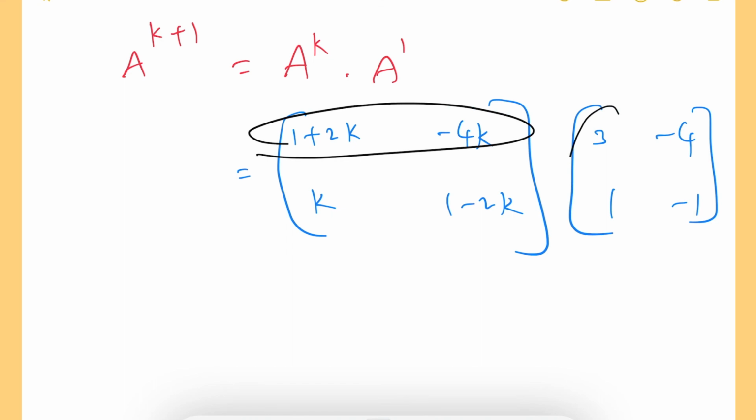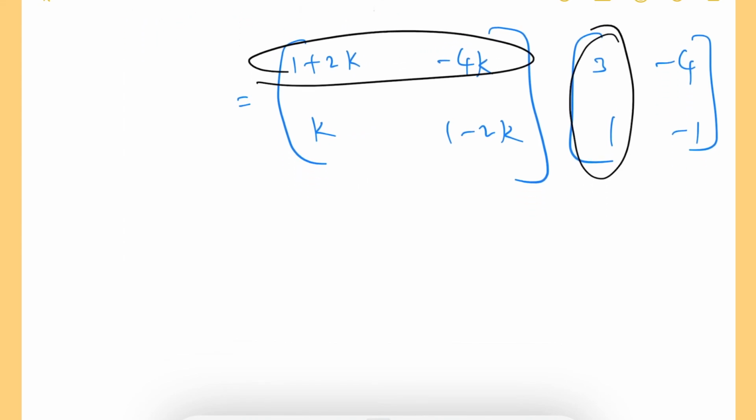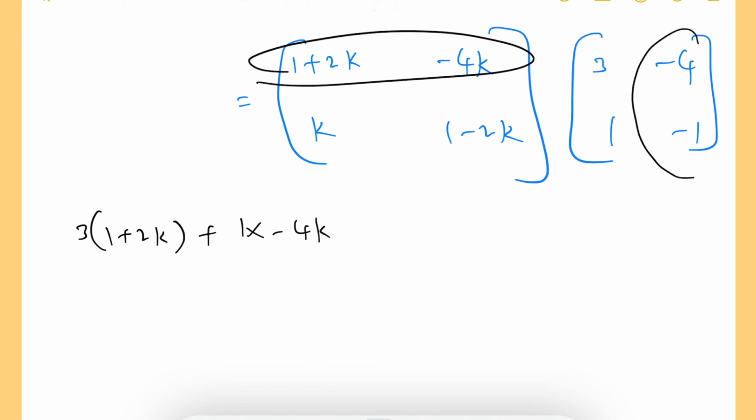First row we need to multiply with first column: 1 plus 2k into 3, that is 3 into 1 plus 2k, plus minus 4k into 1, that is minus 4k. Now first row with the second column: 1 plus 2k into minus 4, that is minus 4 into 1 plus 2k, minus 4k into minus 1, plus 4k.